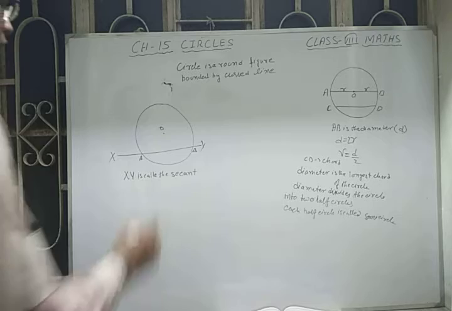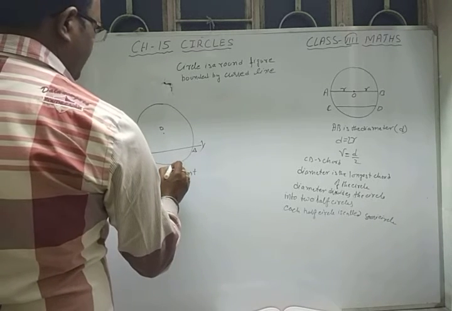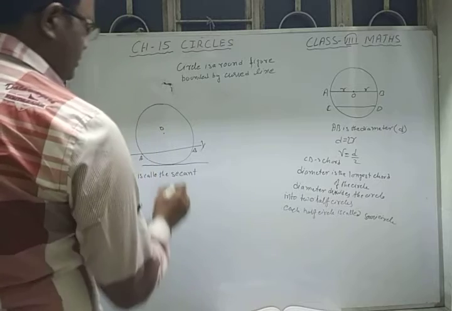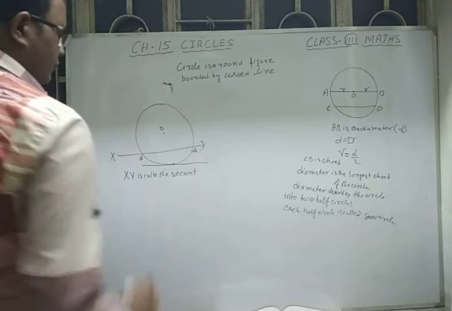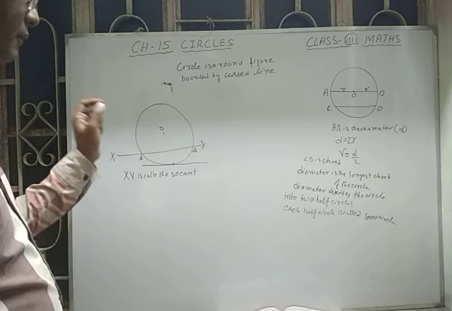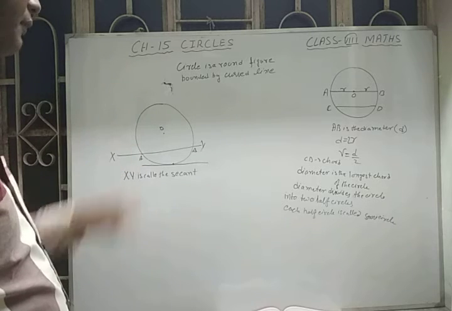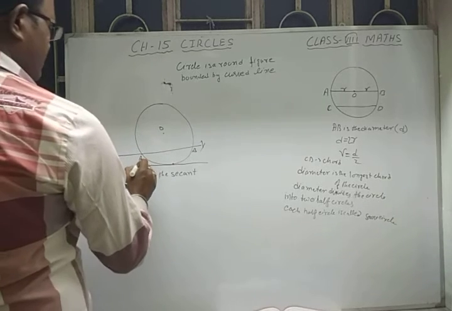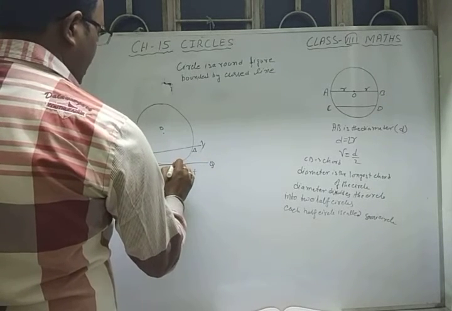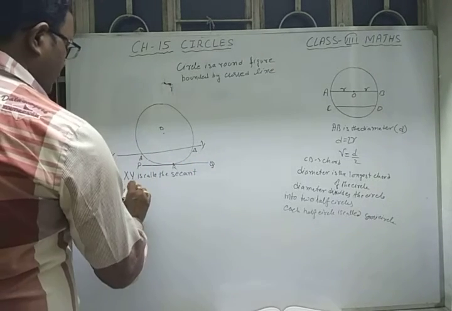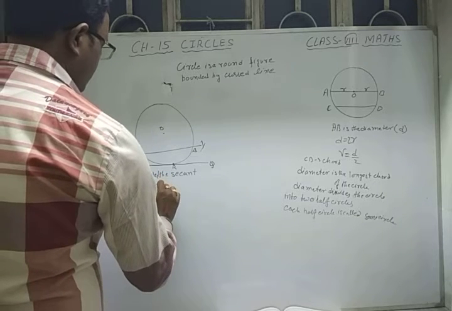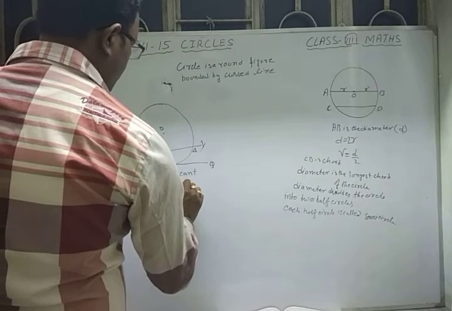Now in the same figure, if a line is drawn in such a way that it just touches or passes through a single point on the circumference of a circle, suppose it is PQ and it touches at R, then PQ is called the tangent.